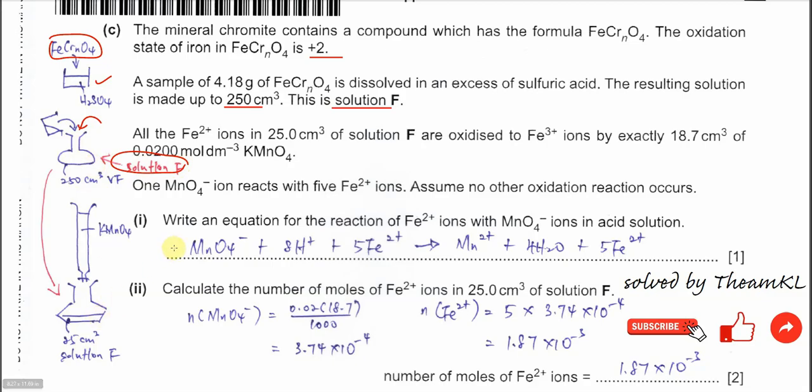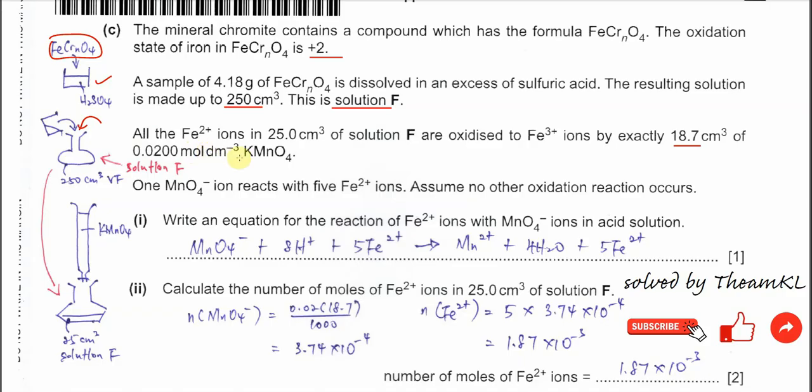After titration, this is the volume that was obtained. So the KMnO4 that is used is 18.7 cm3, and the concentration of the KMnO4 is 0.02. So from these two we can calculate the moles of KMnO4.